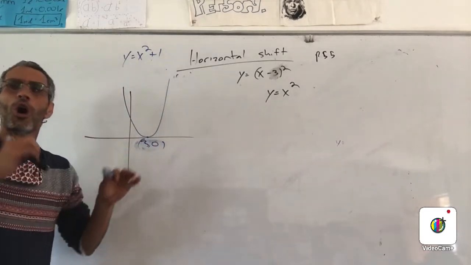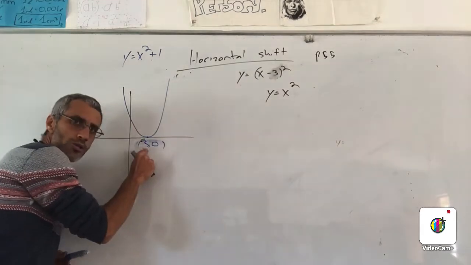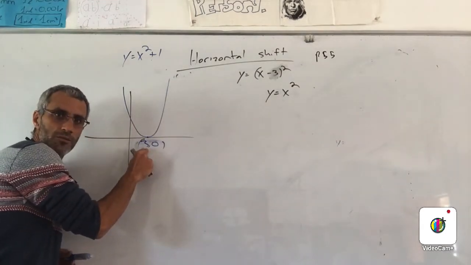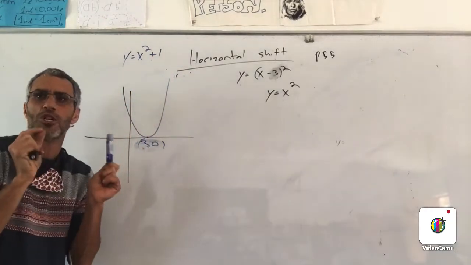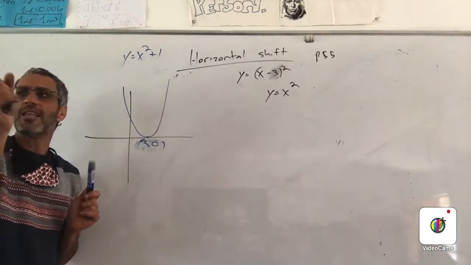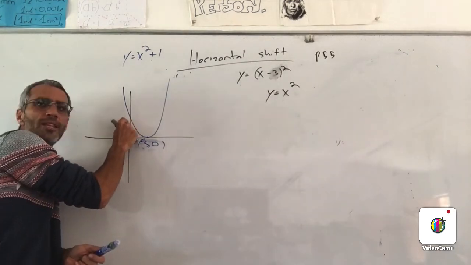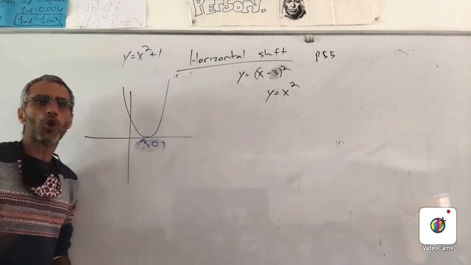Now, when you're asked in a test to plot it, that's good. That's 1 mark for the minimum, and 1 mark for the shape. There's one more thing you need to do: you need the y-intercept. I need to find this one. It's so easy.